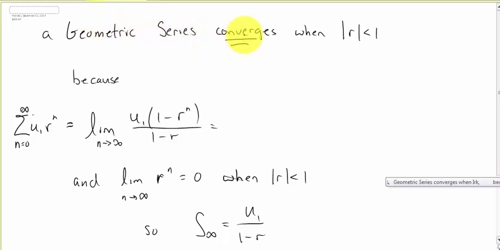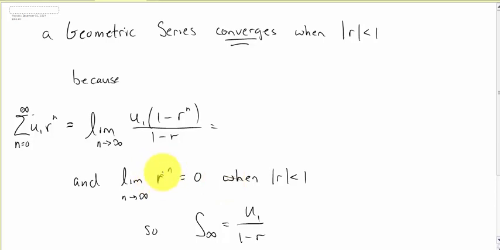So this geometric series will converge, it will have a sum, when the absolute value of r is less than 1, because the sum from 0 to infinity of a geometric series, we could think of that as being the limit as n goes to infinity of our geometric sum formula. And we know that the limit as n goes to infinity of r to the n is 0 when r is a fraction, when the absolute value of r is less than 1.